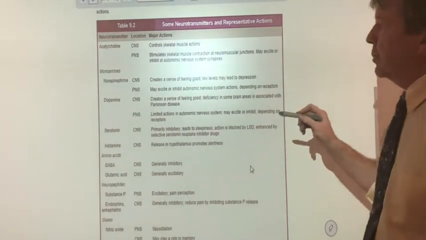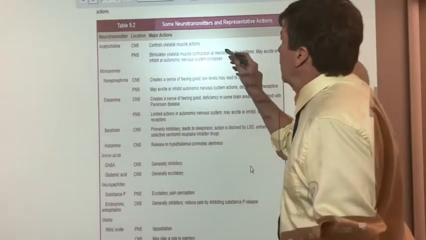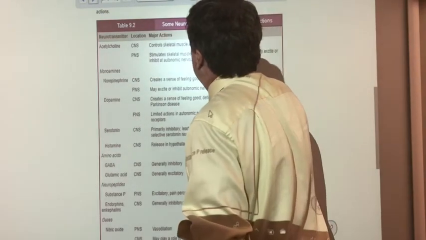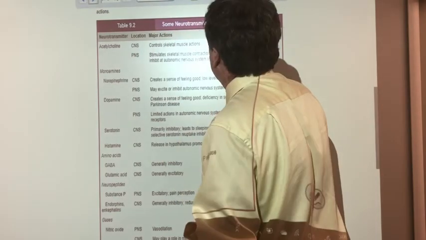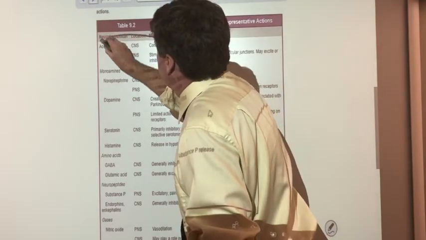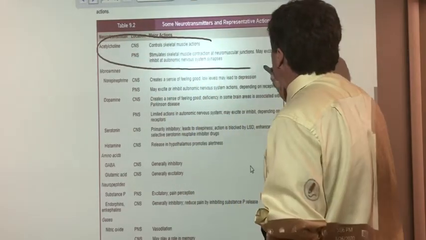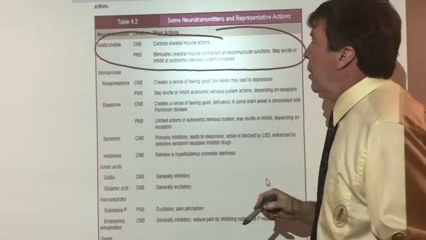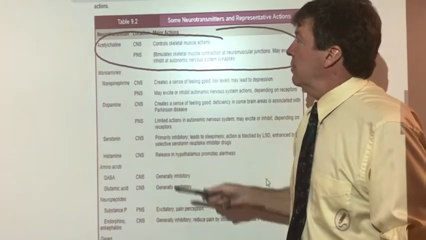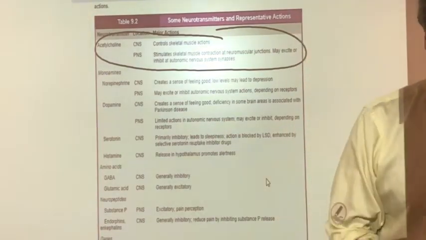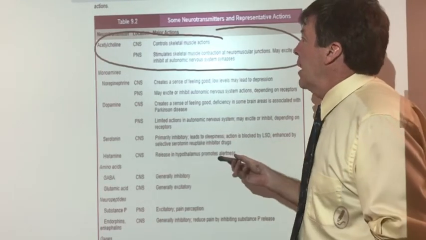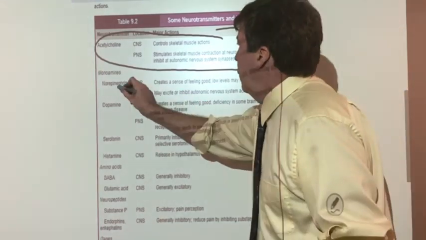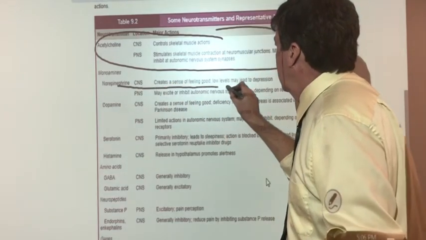I want you to get, let me recap here, let's make sure we get acetylcholine and its actions in both the central nervous system and the peripheral nervous system. Let's look at norepinephrine. I want you to get this as well.